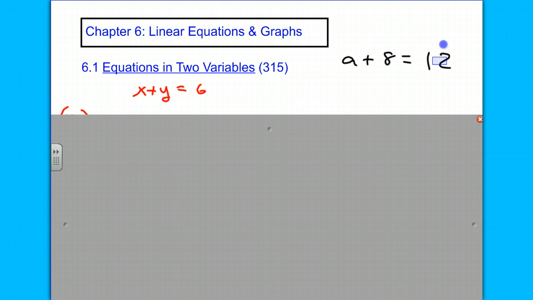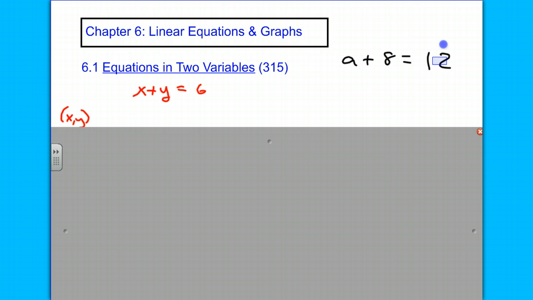So the solution to a 2-variable equation is a point. It's an ordered pair. If we plug in 3 for x, then the y value will be 3. If we plug in 0 for x, then the y value was 6.